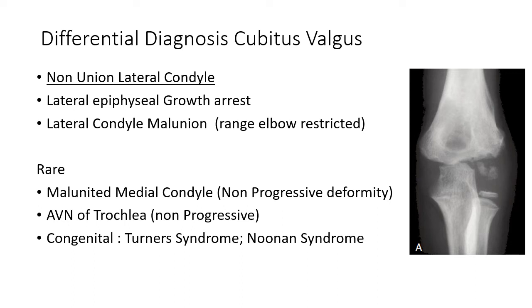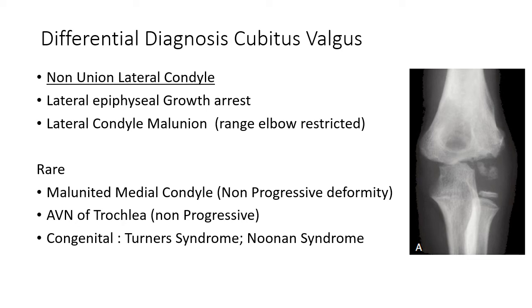Lateral condyle malunion is also a cause of cubitus valgus, but in this condition the elbow range of motion is restricted. The elbow is not fully mobile because malunion will cause joint irregularity and restriction of motion. Rare causes of cubitus valgus deformity include a malunited medial condyle, where the medial condyle has gone and united a little bit more distally.